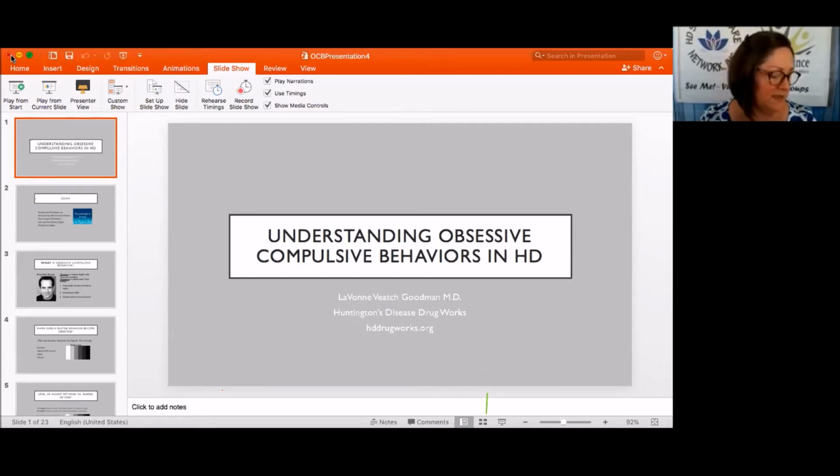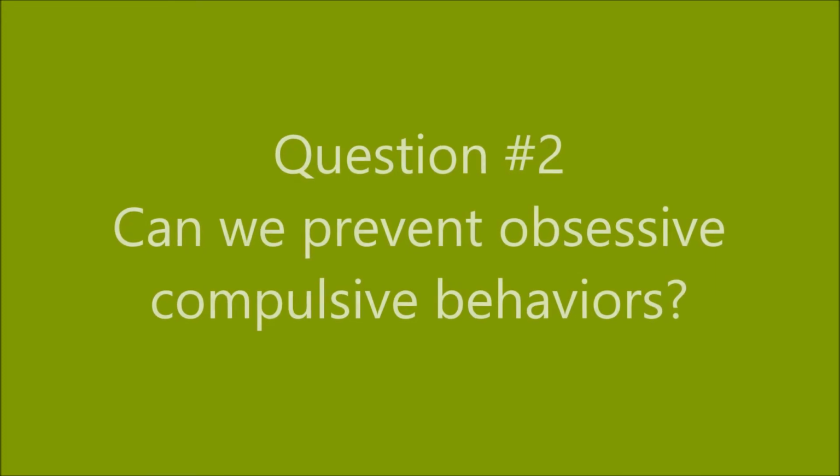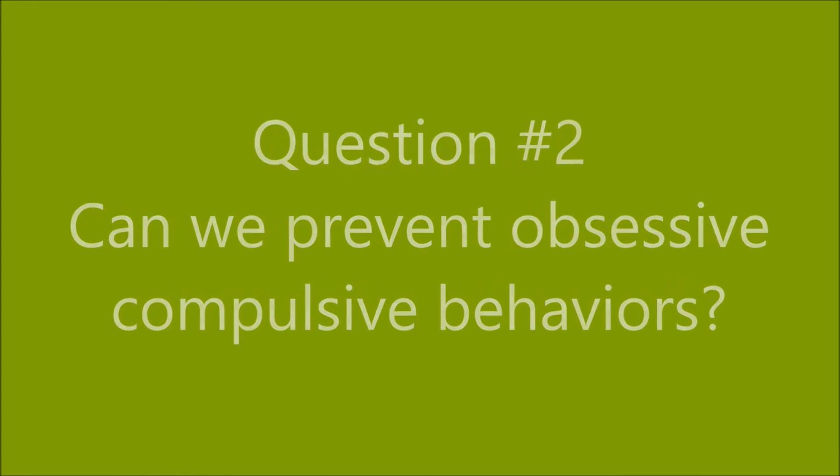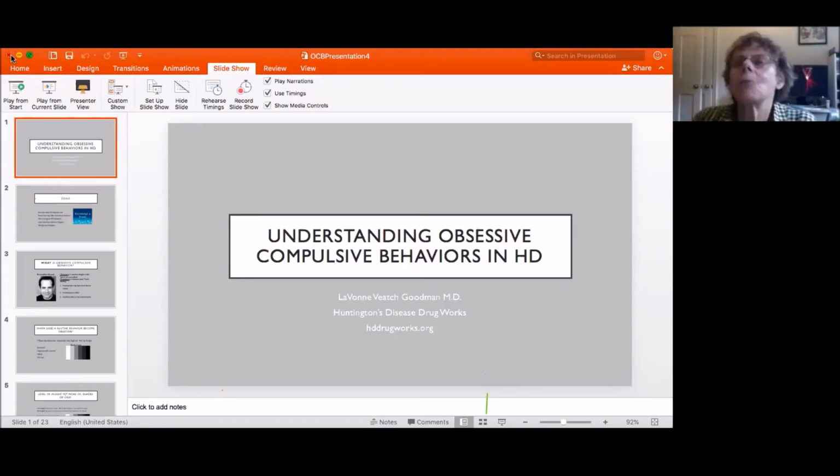We talked about preventative measures. Can you give us some ideas of how to prevent some of the obsessive compulsive behaviors? Can we prevent obsessive compulsive behaviors? I don't think that one can prevent them. One can lessen the discomfort.